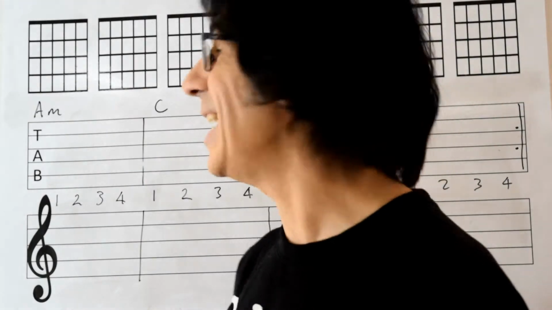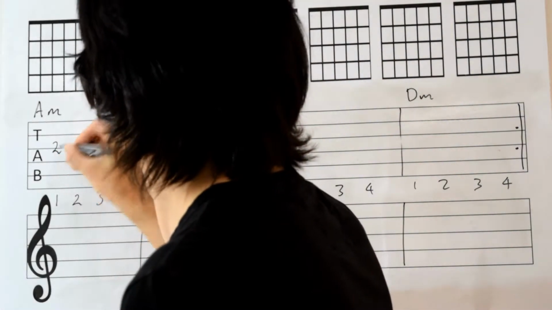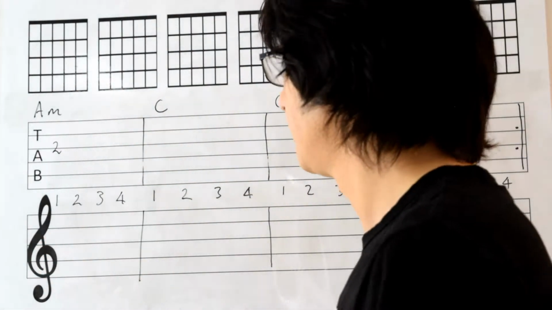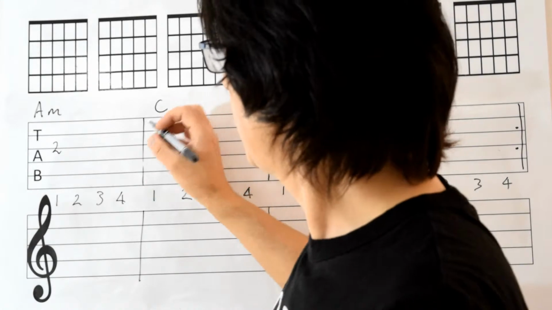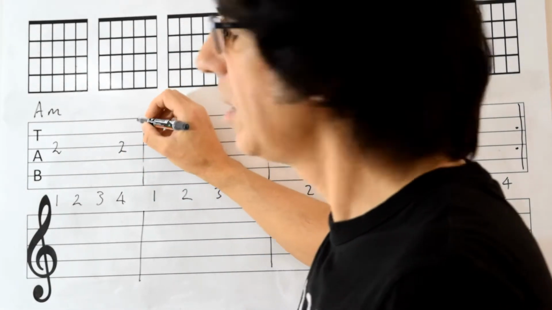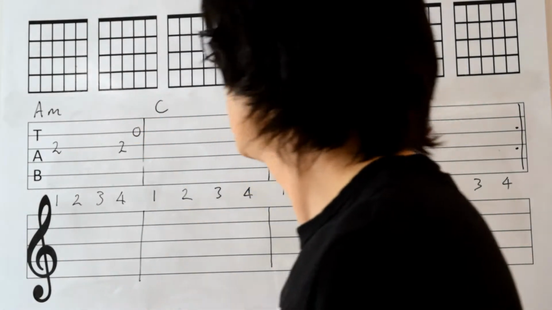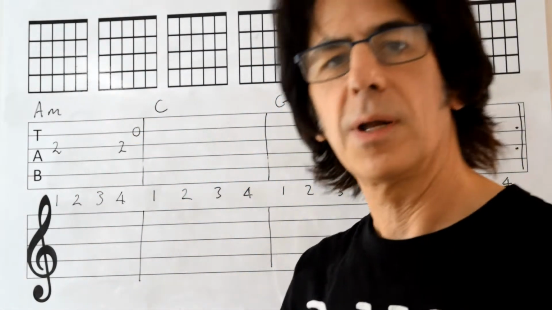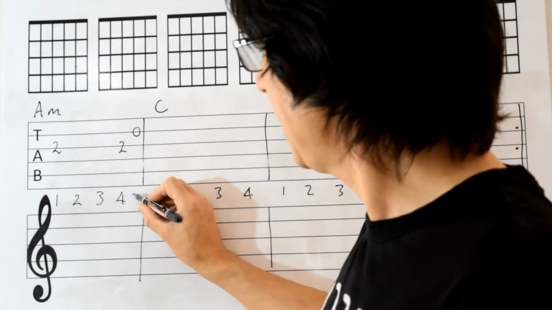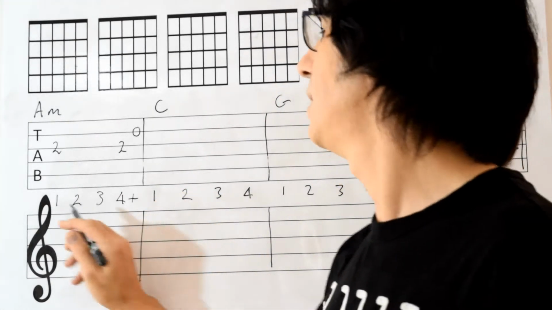We're going to start on an A. We're going to start on beat 1, just to make things simple. Right. But then I'm going to play another A, and then a B, like that. What I'm actually doing there is I'm playing on beat 4 and the and beat, or the in-between beat.